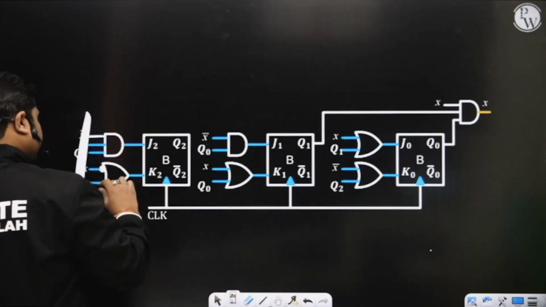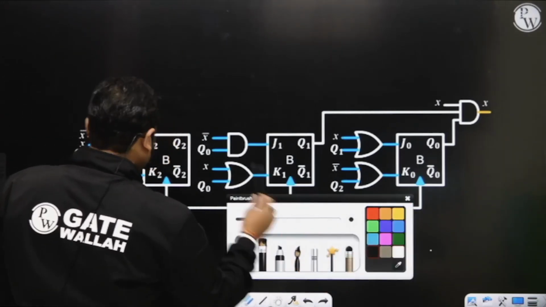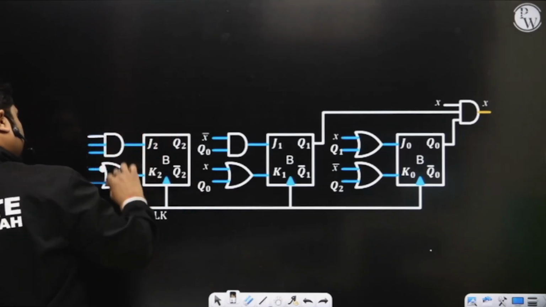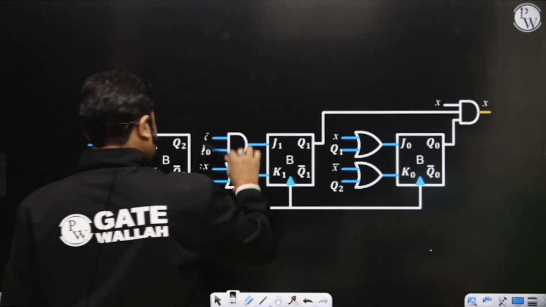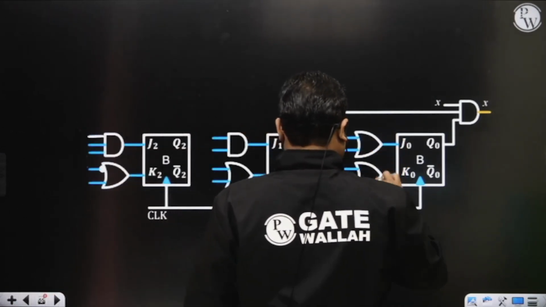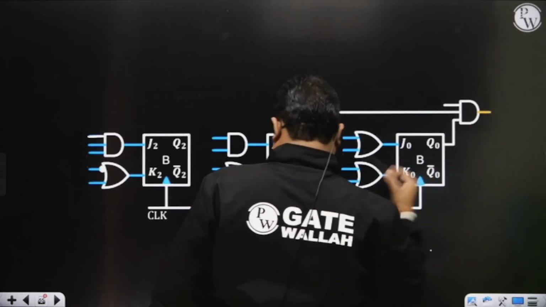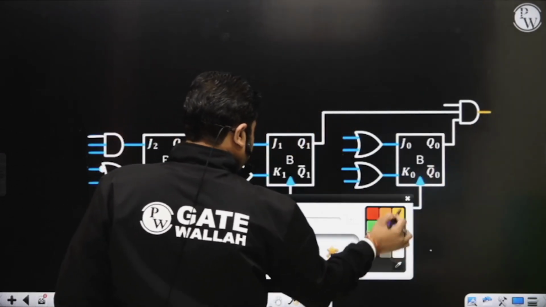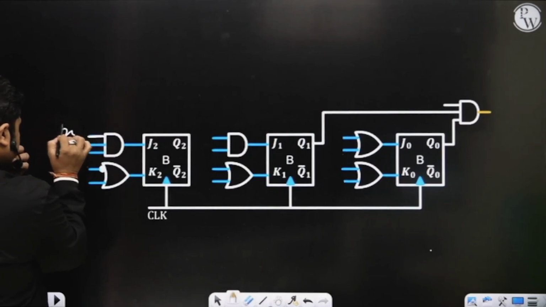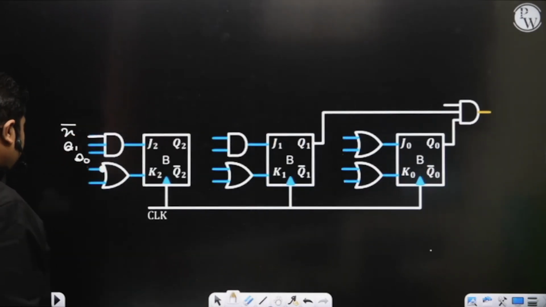Yes, sir. Let me show you. Please observe here. X bar Q1 Q0 is your J2.